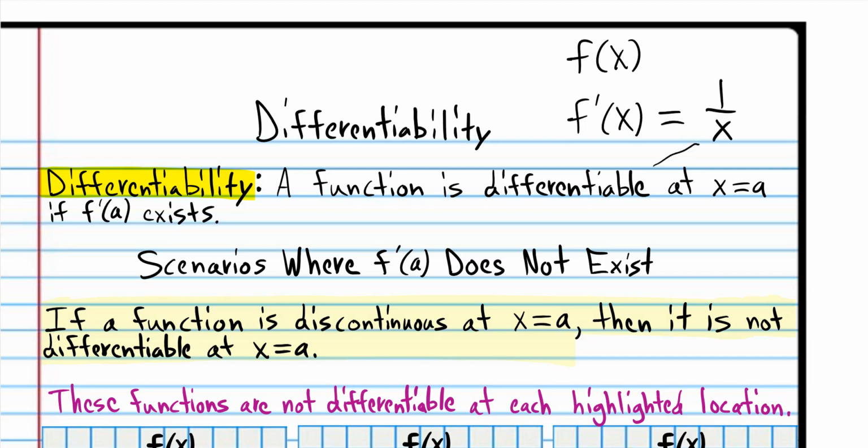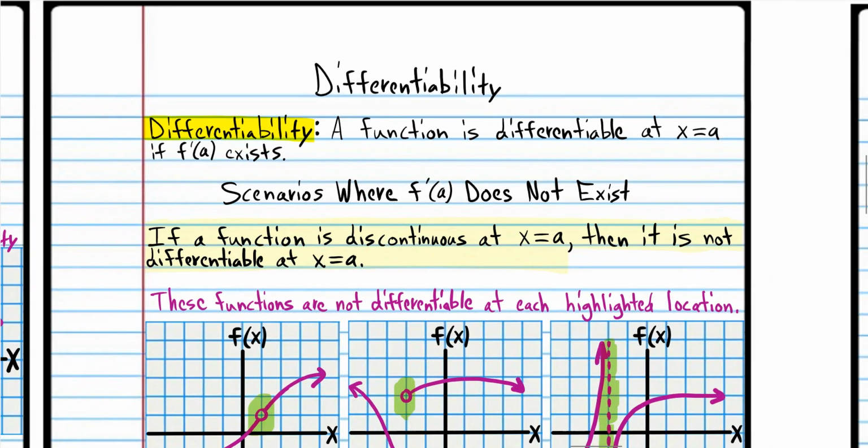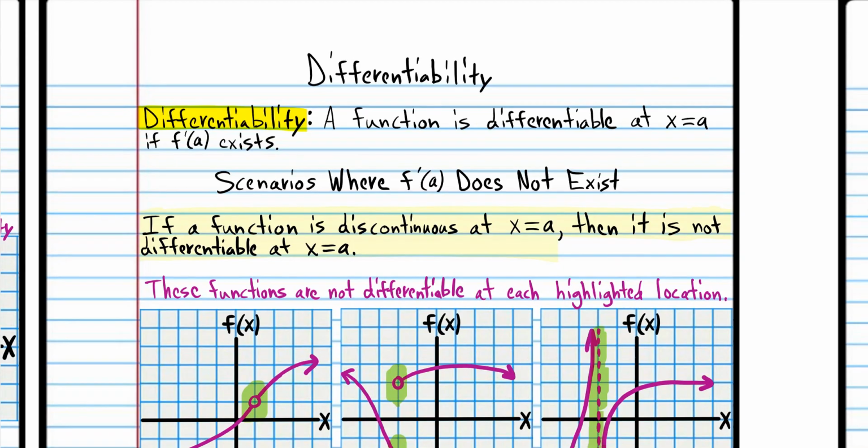Well, if we plug in 0 for x, the derivative is not defined. So we say that the function is not differentiable when x is equal to 0. So that's an example of where a function is not differentiable. So we need to explore all these scenarios where a function is not differentiable.